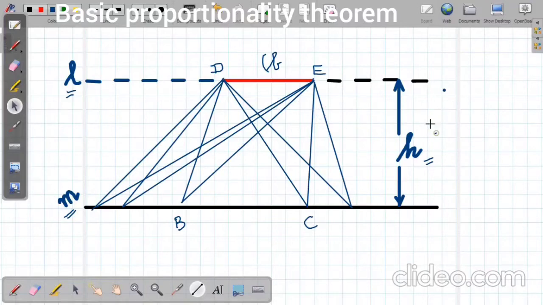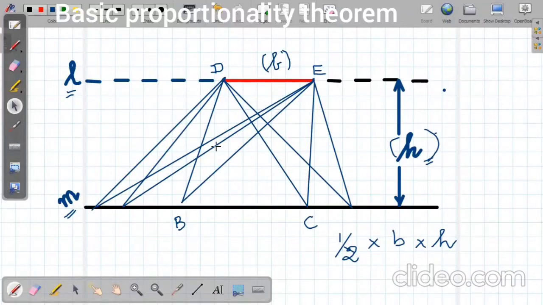Because area is half into B into H, and for all these triangles, B and H are common. Therefore, any triangles having a base on one of the parallel lines, with all triangles in between the parallel lines, will have the same area.